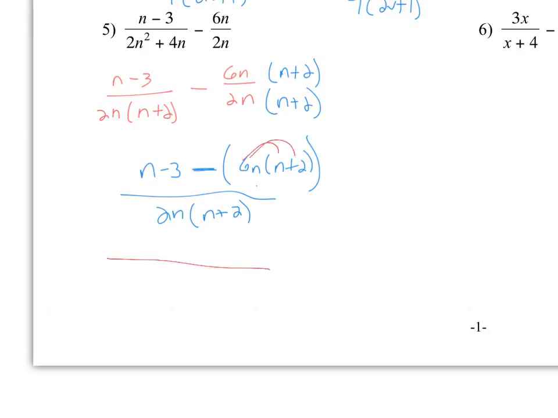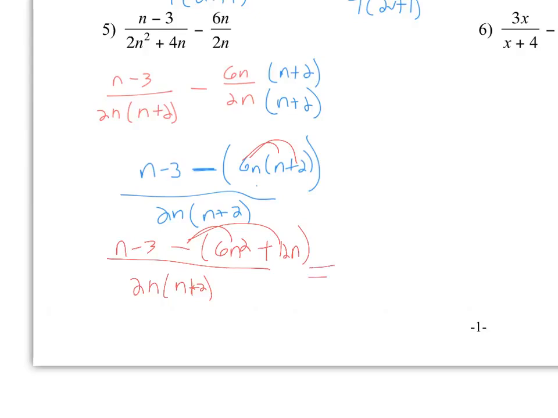So just kind of clean it up. I've got to multiply those two together, and I have to multiply it by a negative. So I've got the n minus 3 over here. I'm going to keep the 2n times n plus 2 on the denominator, and I've got to subtract 6n squared plus 12n, and that's going to get a negative associated with it.